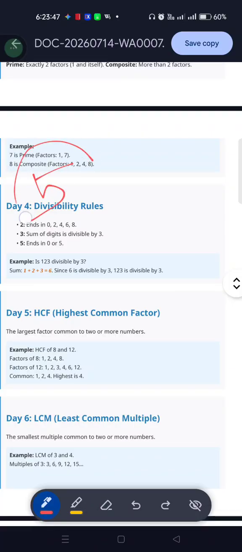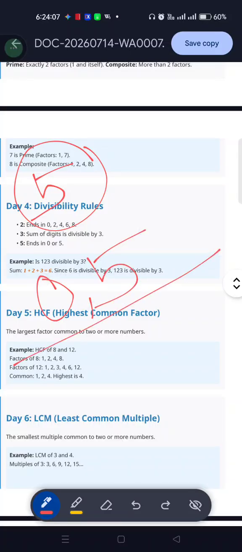Now you will check whether any number is divisible by 5 or not. Okay, so for the divisibility of 5, what you will do is just see the last digit of any number. If the last digit of any number is 0 or 5, then that number will be completely divisible by 5. Okay, for example, I am taking 125 and I am asking you, is it divisible by 5 or not.